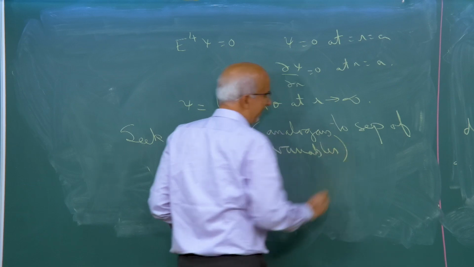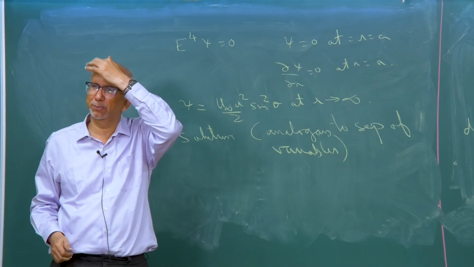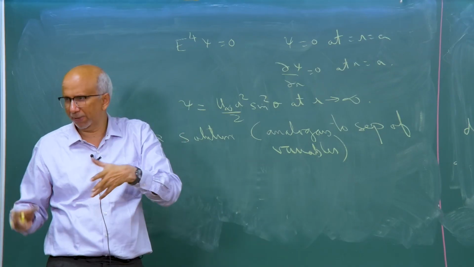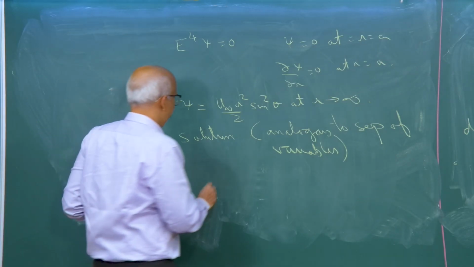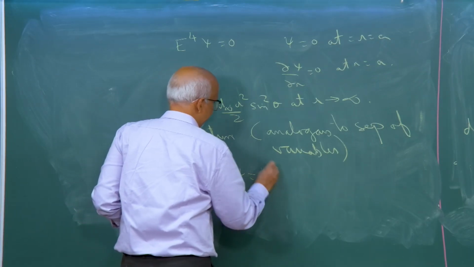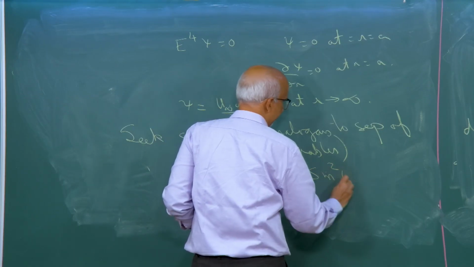It is not exactly the classical separation of variables, but we will say, look, I am going to use some physics, some maths, and then combine this thing and get a solution. If it works, it works. So, we seek psi as f of r multiplied by sin squared theta.